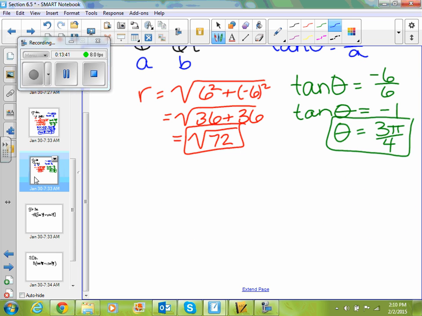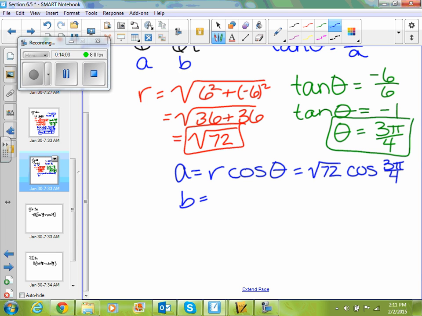Okay, so if I use that information, I know A is equal to r cosine of theta. And we figured out that r is the square root of 72, and that theta is 3 pi over 4. I know that b is r sine of theta, and we know that r is square root of 72 and theta is 3 pi over 4.